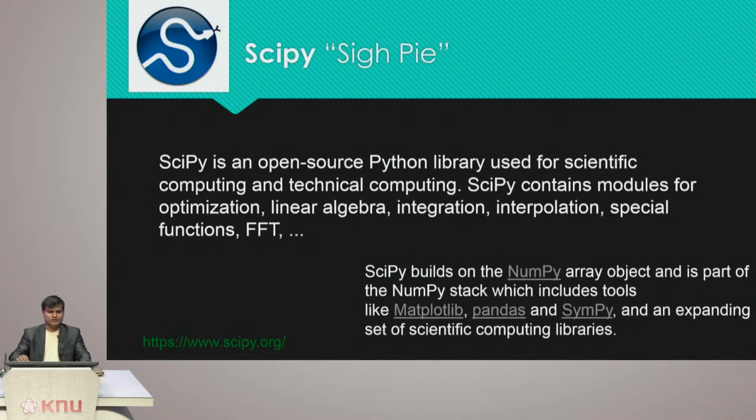Then comes SciPy. It's a toolbox built on the NumPy object, and this is also used for scientific computing, or in other words, technical computing. It contains modules for optimization.